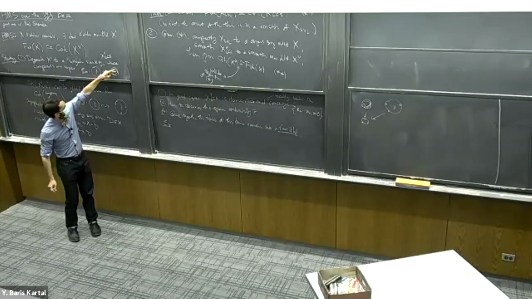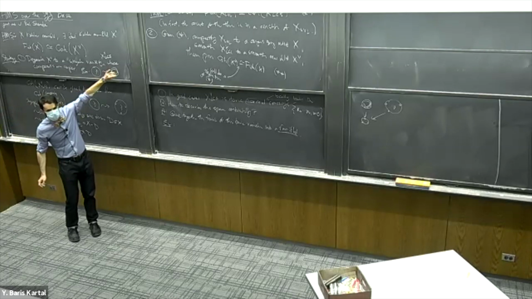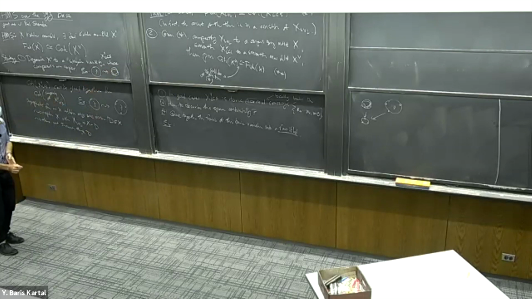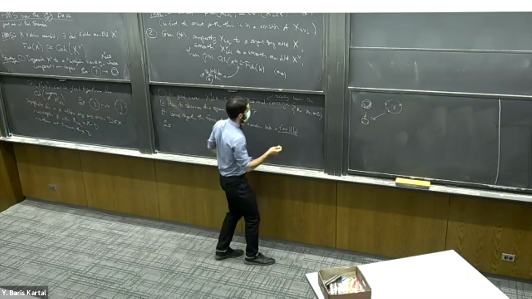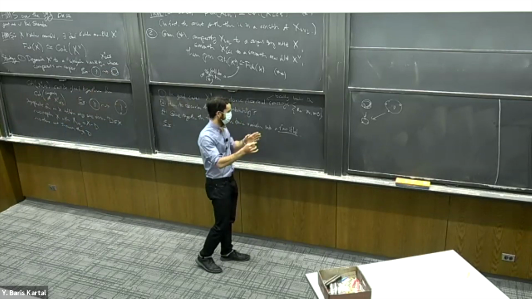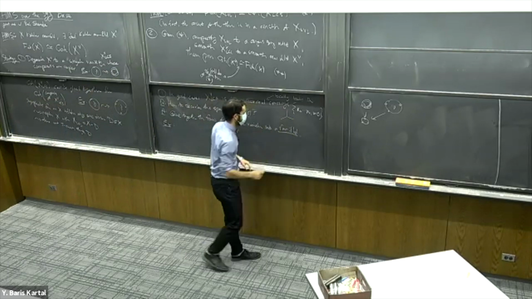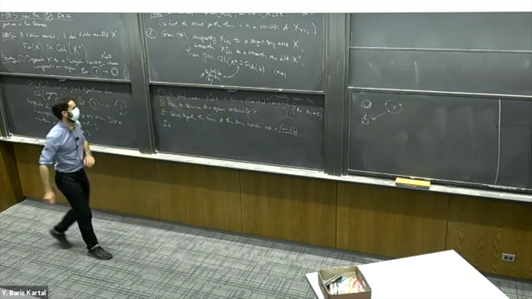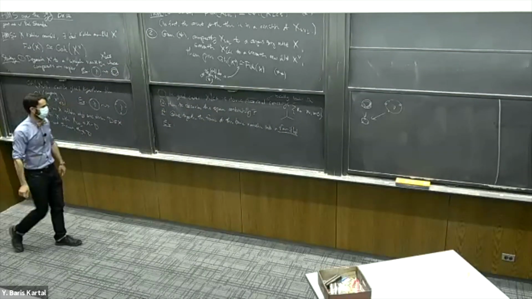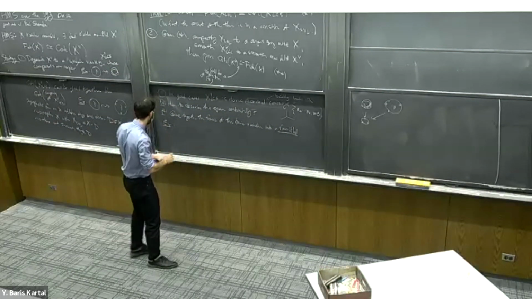Locally near this point, this is the simplest example of a normal crossings divisor, right? It's a node. It looks like xy equals 0. And the next example up would be xyz equals 0, which would look like this. Here's a moment polytope picture of what's happening there. But I'm actually going to be interested in the fan pictures for now.